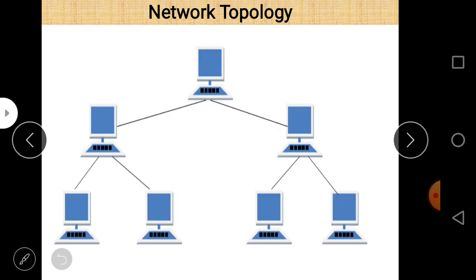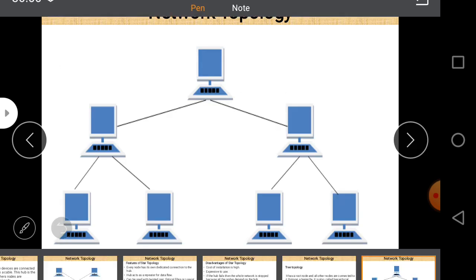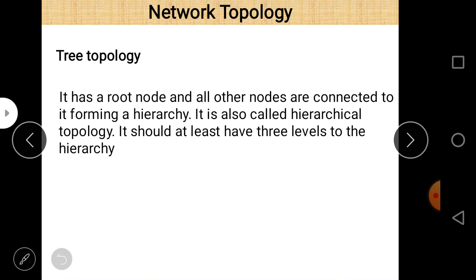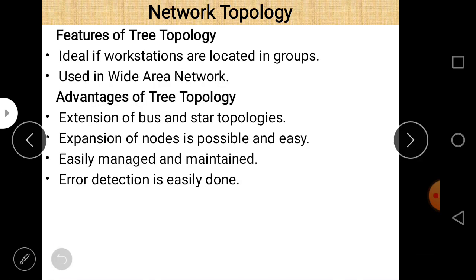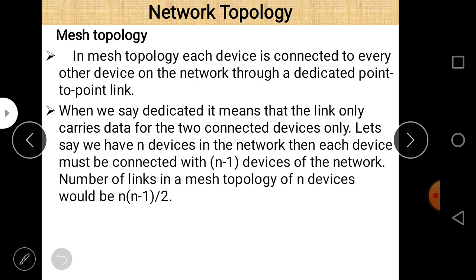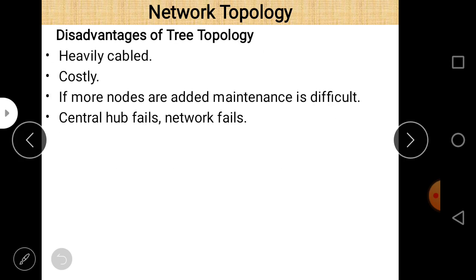Next is tree topology, also called hierarchical topology. In this topology, basically it is an extension of bus and star topology. The main disadvantage is that it is heavily cabled and costly.